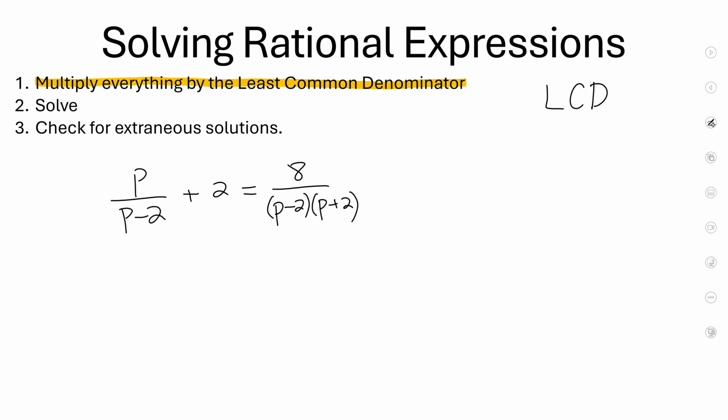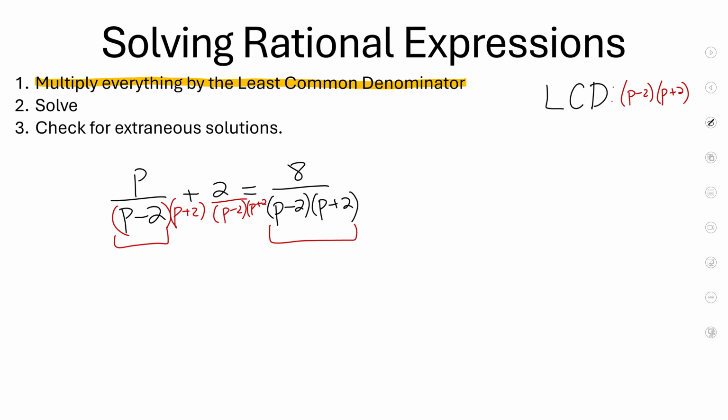So now I can easily tell what the other fractions are missing. How do I make this first one look like this one? Yep, I would need another p plus 2, right? Now they look the same. And what about this one? P minus 2 and p plus 2, correct? So guys, the least common denominator is p minus 2 times p plus 2. That's what each denominator has, right?